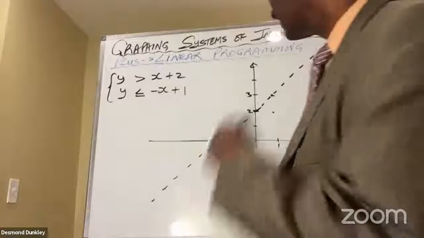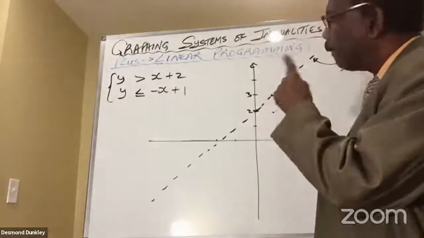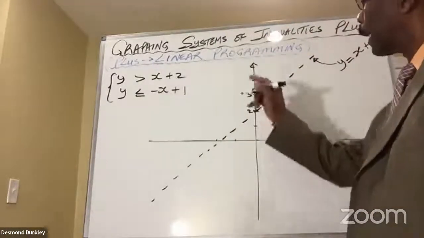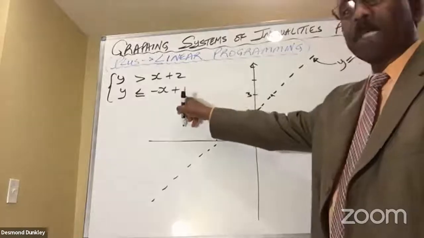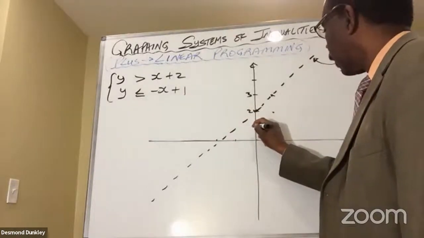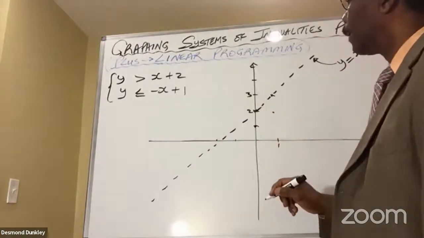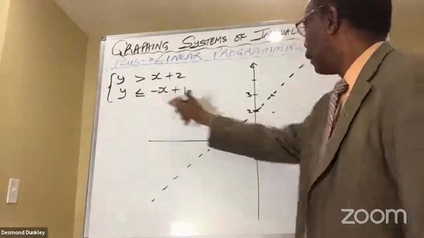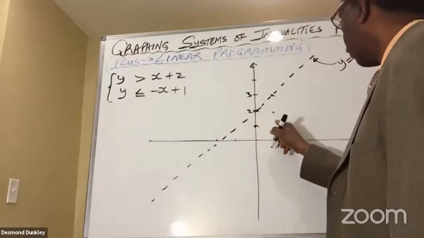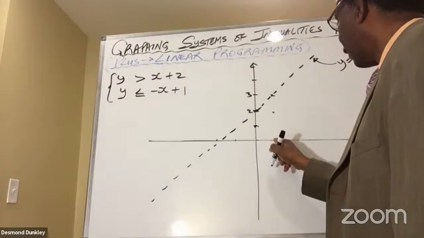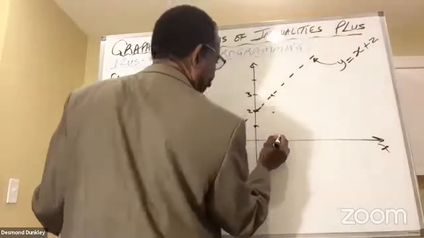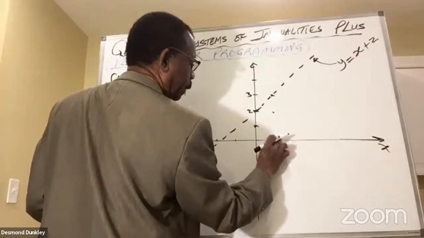The second one says that y is less than or equal to negative x plus 1. In this case, the y-intercept is 1, and the slope is negative 1, which means I go across 1 and come down 1. So I'm going to be here.